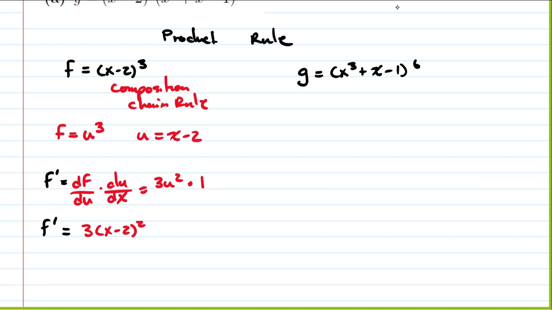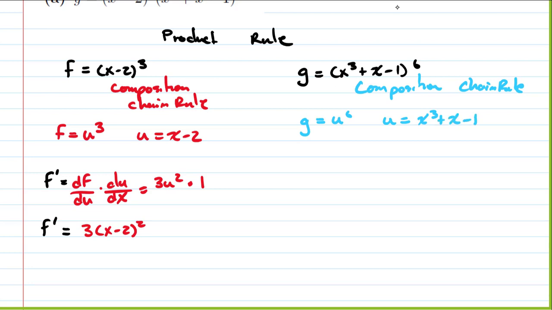Okay, so now I found f prime, but the same thing happens over here. I have composition again, so I've got to use the chain rule again. This time I have g is equal to u to the 6th, and my inner function is x cubed plus x minus 1.